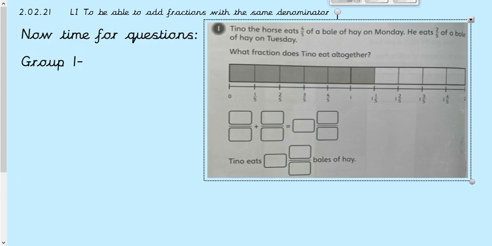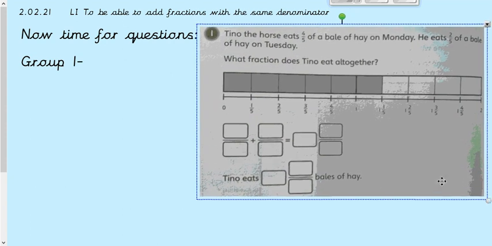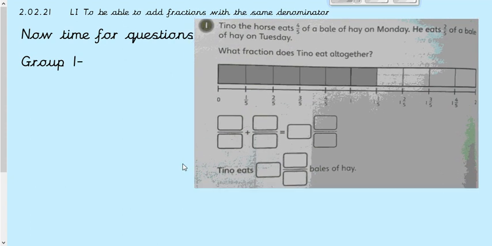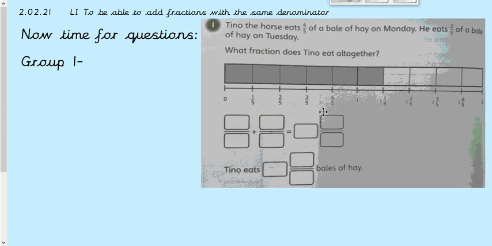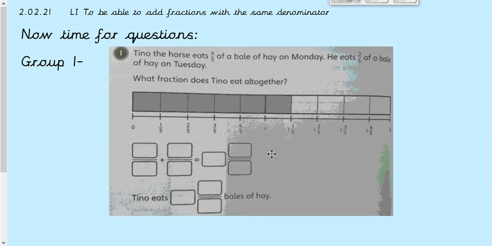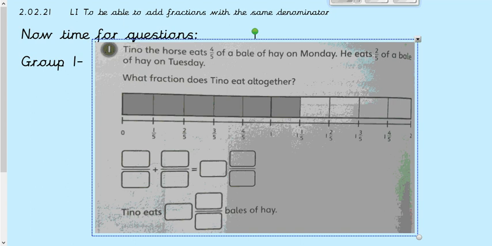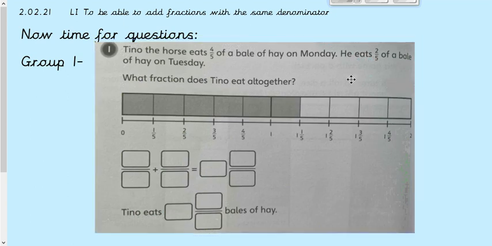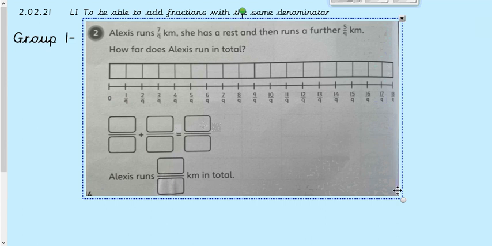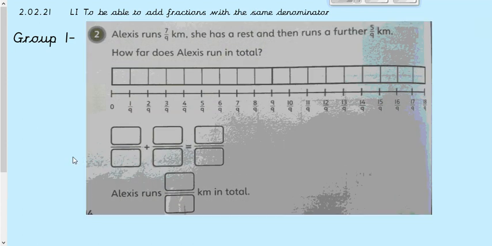Now it's time for you to have a go at your questions. There's 2 for group 1, then there's 1 for group 1 and 2, and then a couple for group 2 as well, and a challenge of course. This is group 1's question. If you're doing group 1, this is your first question. If you're doing group 1, this is your second question.